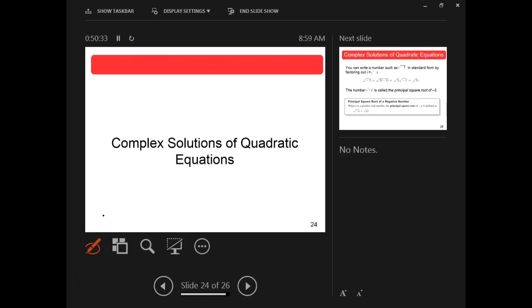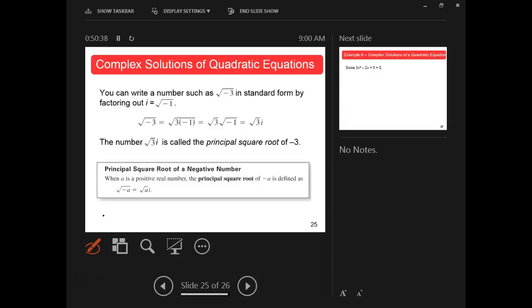So, complex solutions of quadratic equations. One reason we're doing this is that in the next section we're going to hit some of these. I'm going to try to avoid them on the test just so you'll know that they're coming. Here's what you do. You can write out a number like the square root of -3.